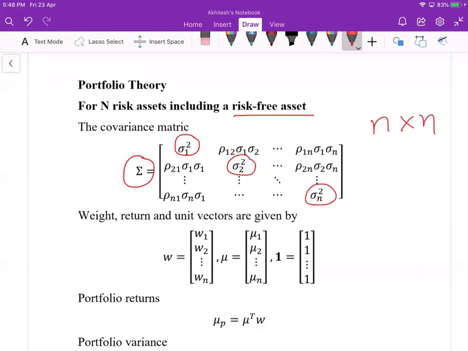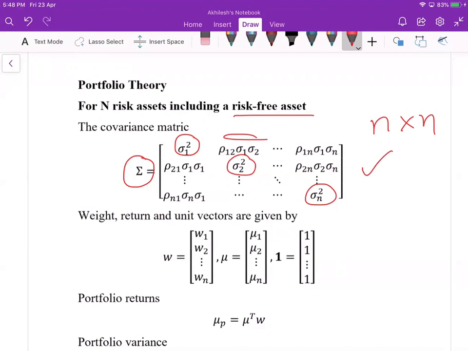The covariance term is correlation multiplied by the standard deviation of both the assets.